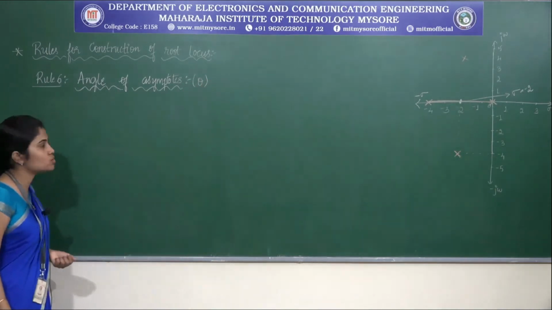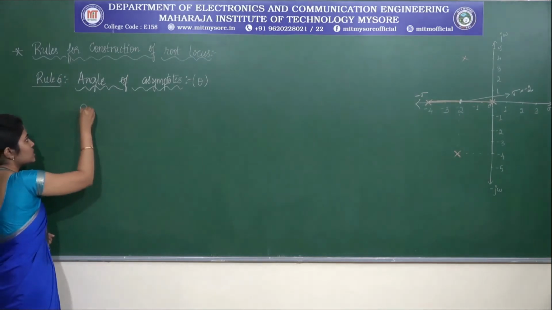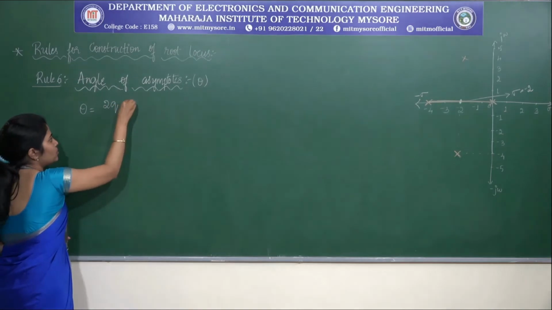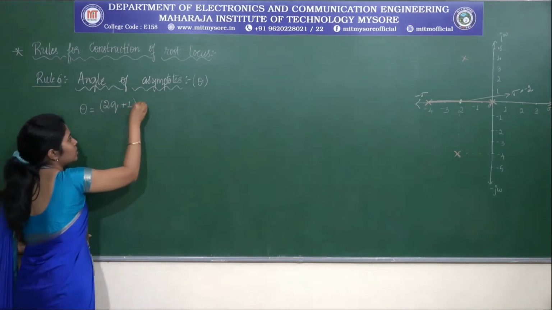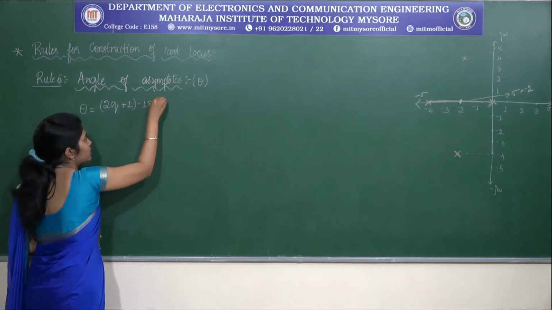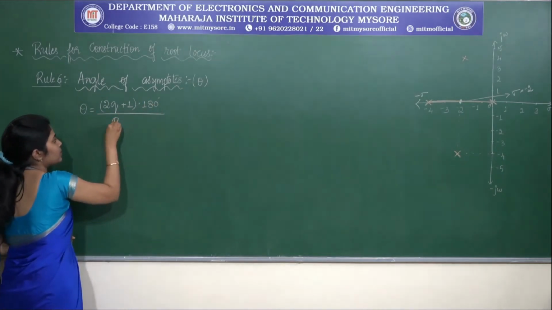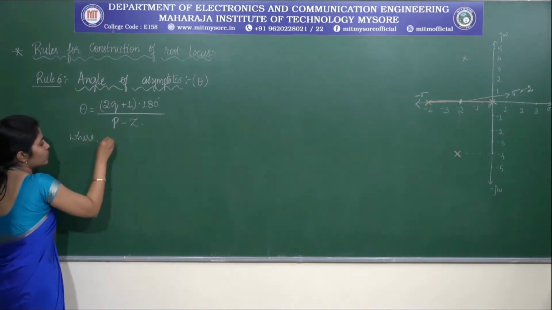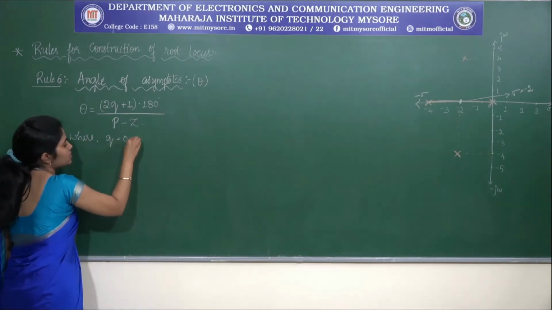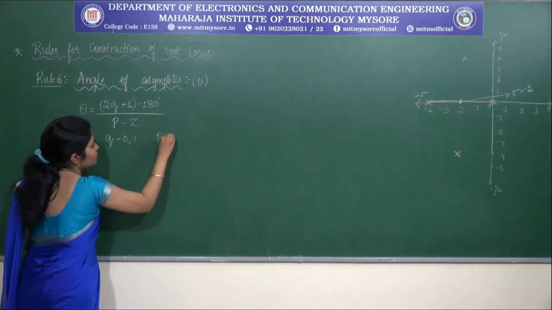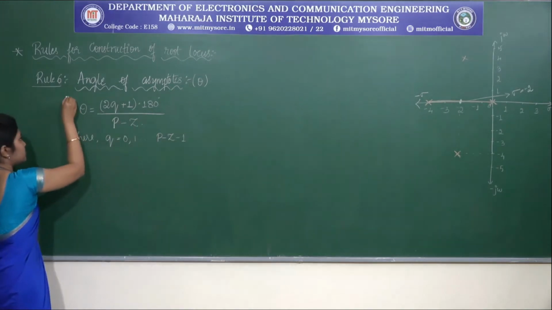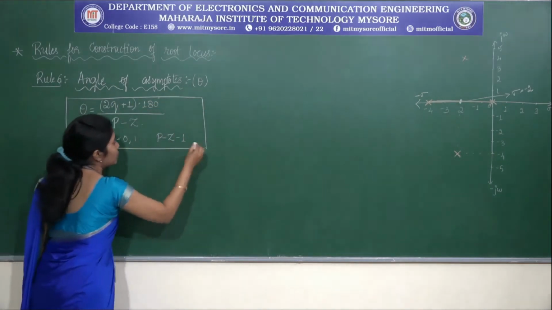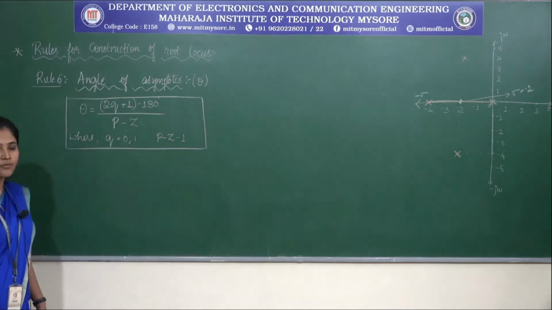The formula used to find out the angle of asymptote is theta is equal to (2q plus 1) into 180 degrees divided by P minus Z, where q is nothing but 0, 1 up to P minus Z minus 1.